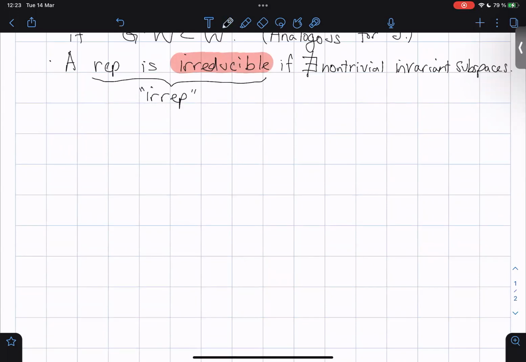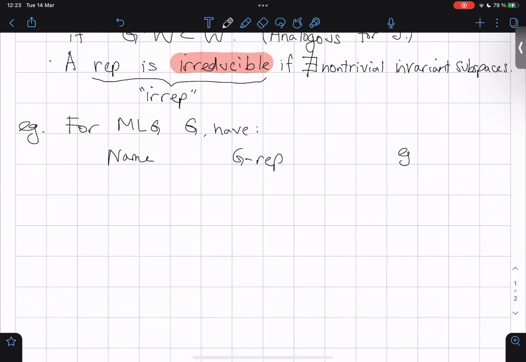Examples. For a matrix Lie group G, we have a few basic representations associated to it. We have the so-called standard representation. Here G is a matrix Lie group. It sits inside GL_n, so you have an inclusion into GL_n(C).